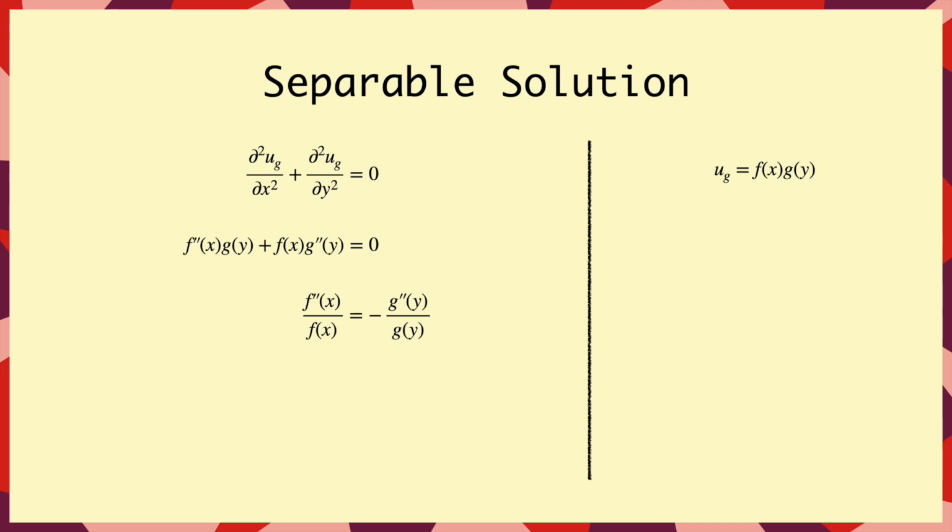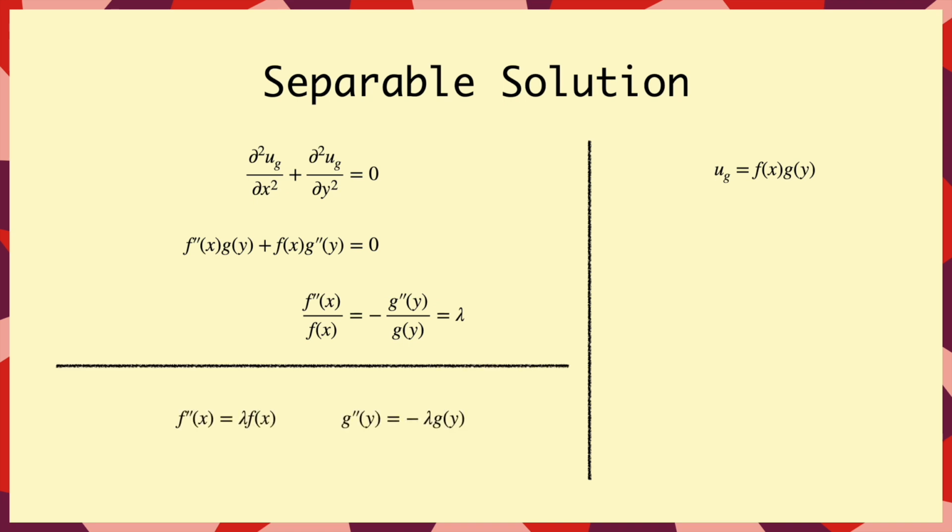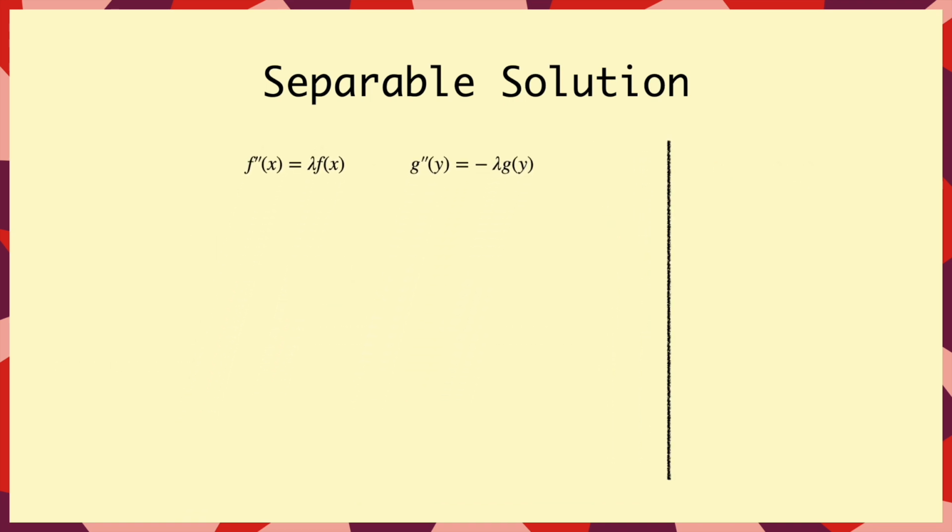But because we've got two things which are equal and have no variables in common, they must be constant. And we'll call that constant lambda. And that observation lets us split this into two equations, one for f of x and another for g of y. We'll rewrite our boundary conditions in terms of f and g, because we'll need those in a second.